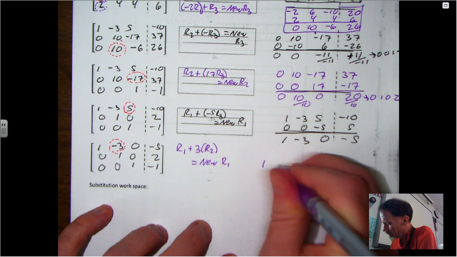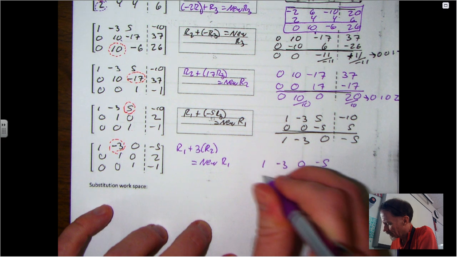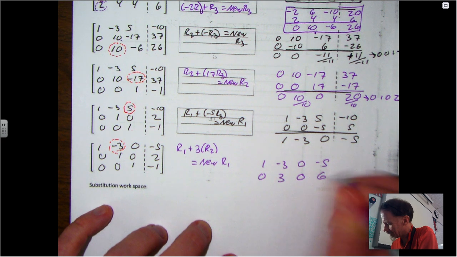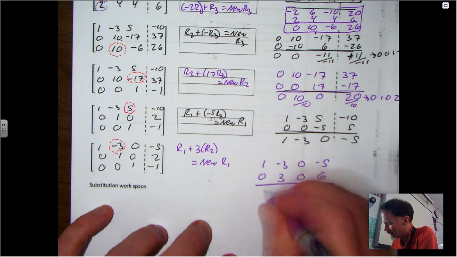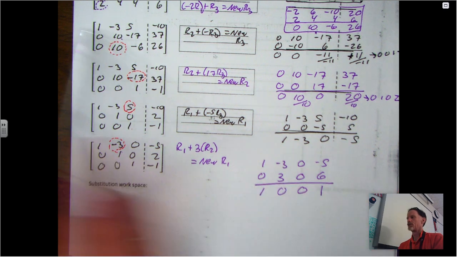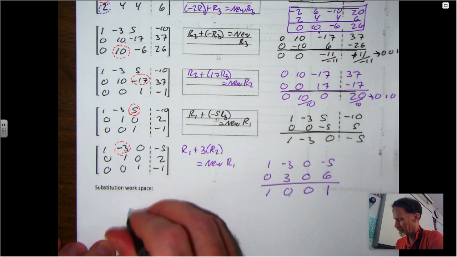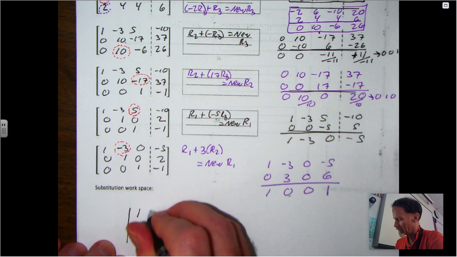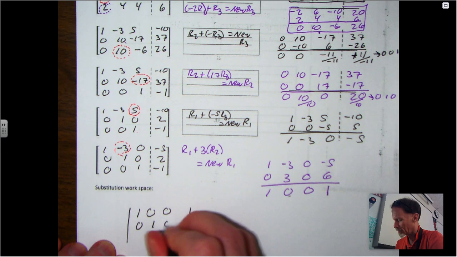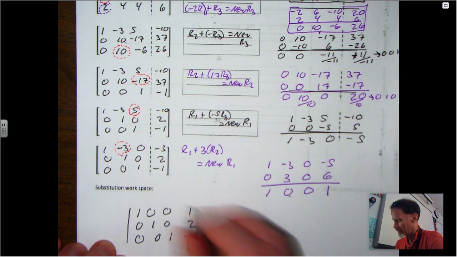So that's going to be 1, negative 3, 0, negative 5, and 0, 3, 0, 6. And we have 1, 0, 0, 1. So my last matrix, again, that's my new top row. So we have 1, 0, 0, 1, 0, 1, 0, 2, 0, 0, 1, negative 1.